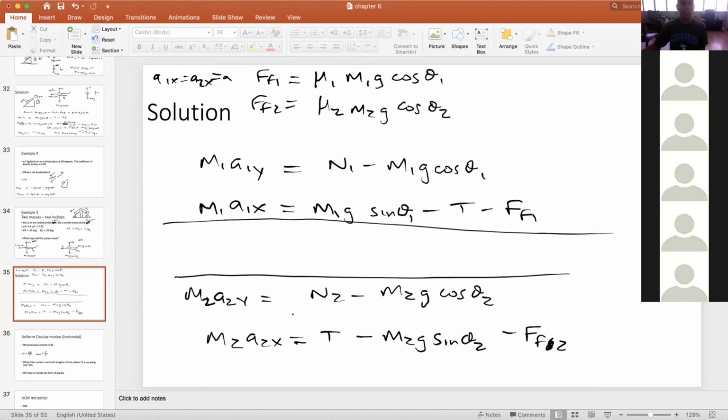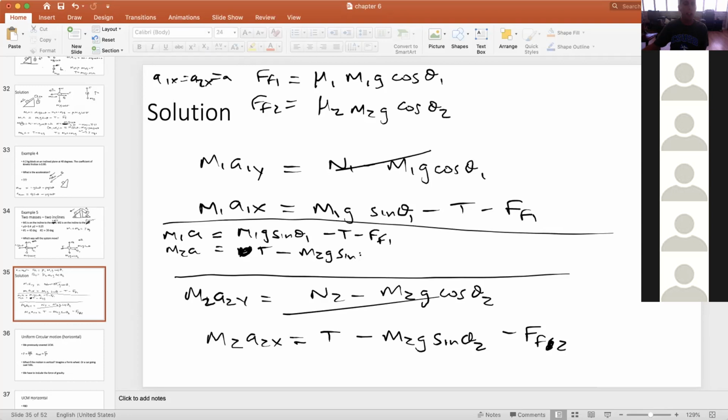So I don't need these equations anymore, but I need these two. And I know that M1A and M2A is equal to M1G sine theta 1 minus force of friction 1 and T minus M2G sine theta 2 minus force of friction 2.